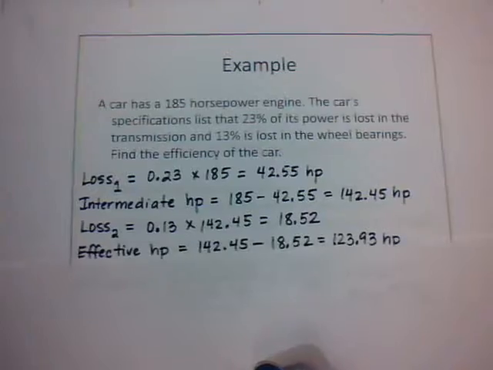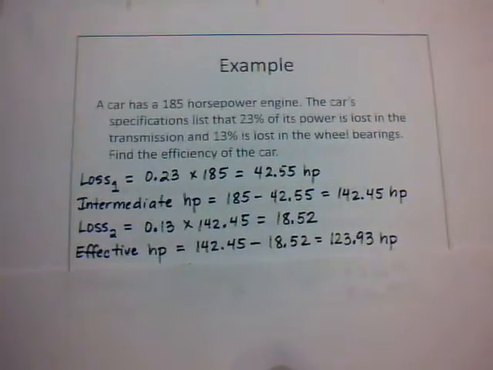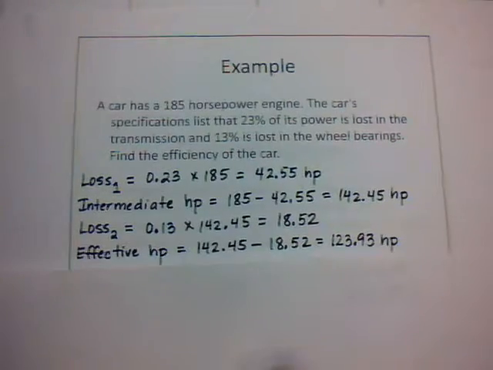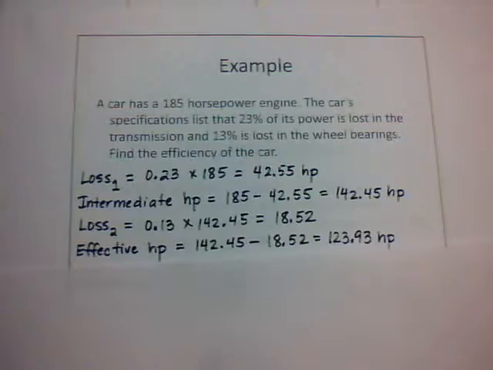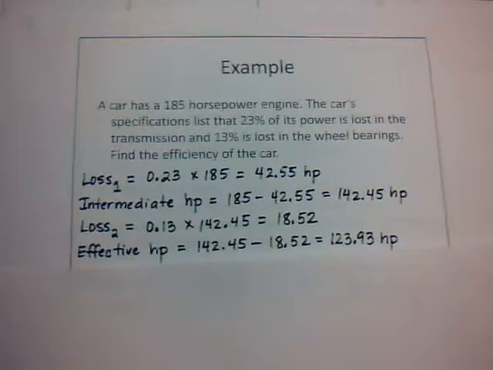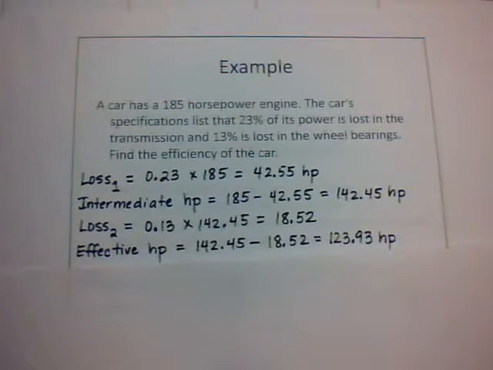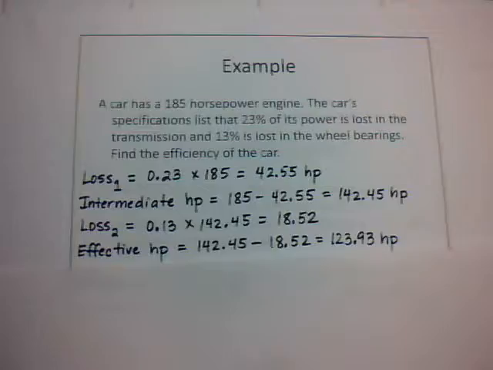Now let's subtract that 18.52 from the 142.45. That would give us 123.93 horsepower. That represents the effective horsepower. So 123.93 horsepower is your effective horsepower.